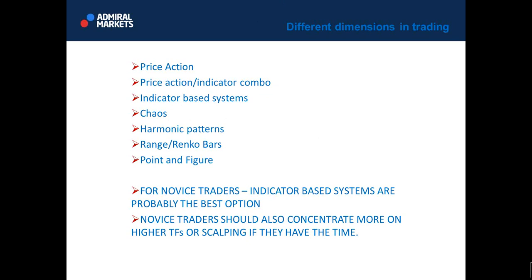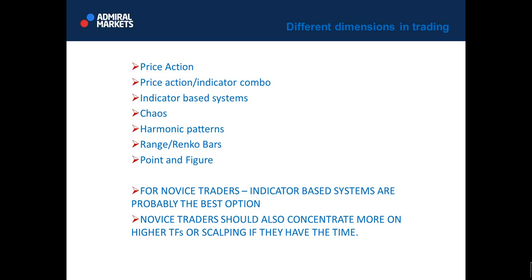But for you, maybe some of our previously mentioned indicator-based systems or harmonic patterns or range bars. I need to say that I was trading range bars 3 or 4 years ago, and actually I had good success with range, not with Renko, but with range bars. But that was purely scalping, and I was trading mostly euro dollar.